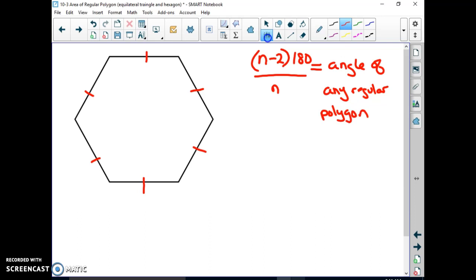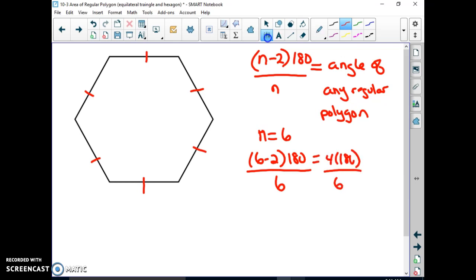In this case, n is 6. So I'm going to substitute 6 in here. 6 minus 2 times 180 divided by 6 will be 4 times 180 divided by 6, or 720 divided by 6 will give you 120 degrees.